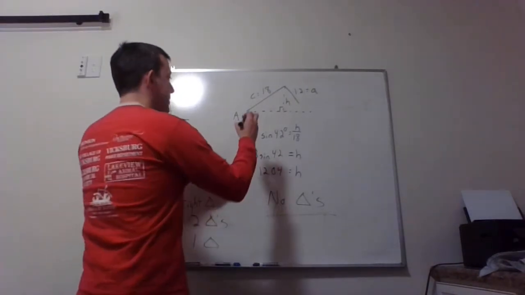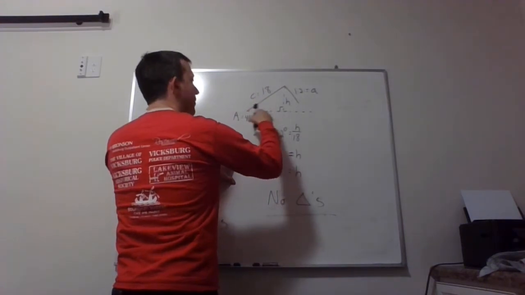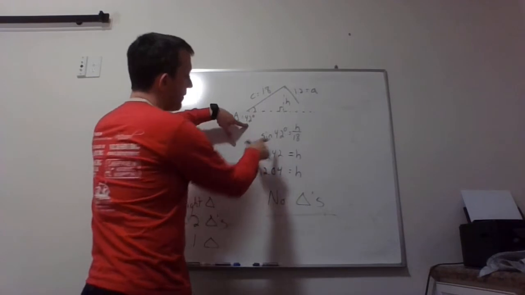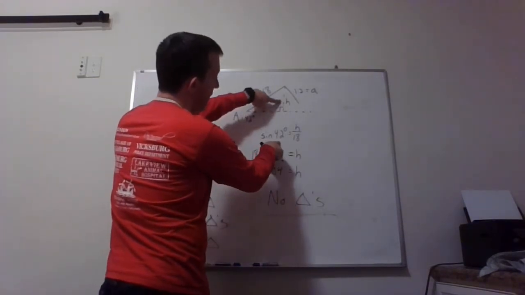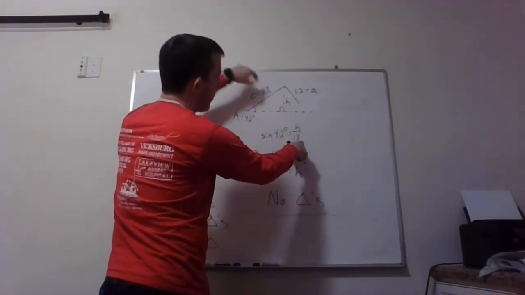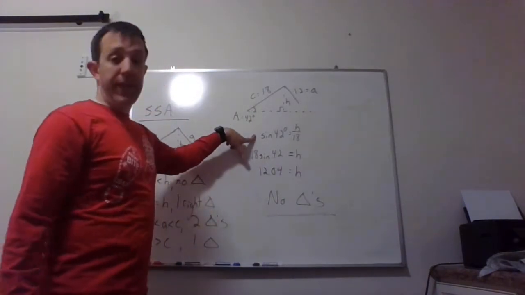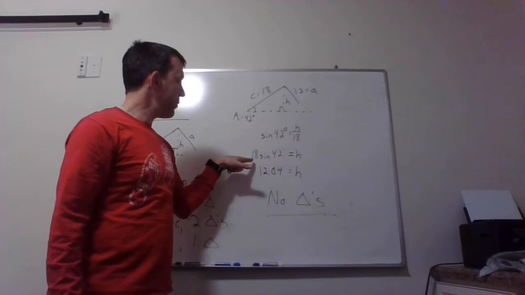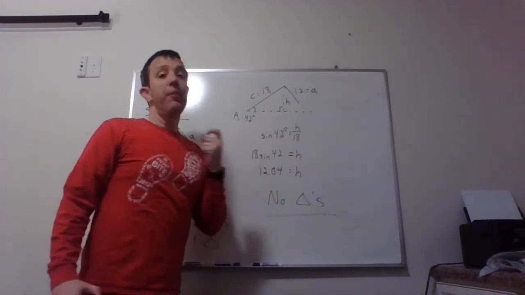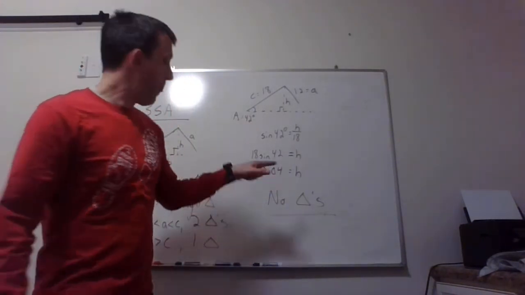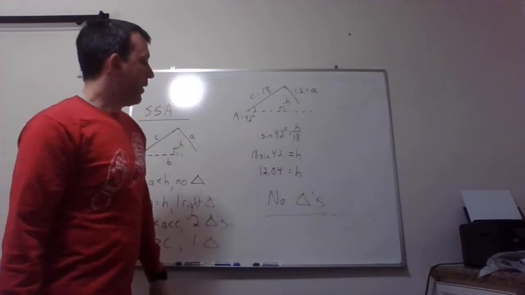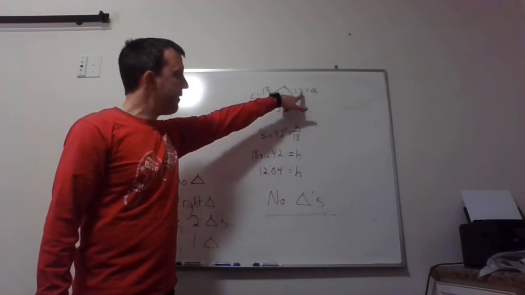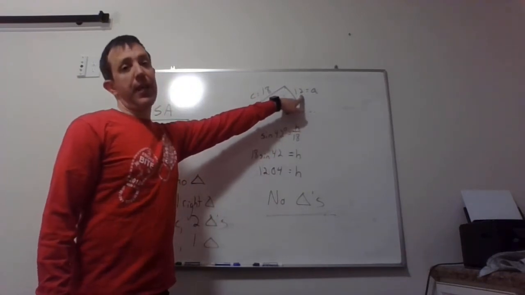The way I do that is to say, look, this is just a right triangle with A and then my right angle here. So the sine of 42 degrees has to equal that ratio, the opposite over the hypotenuse, h over 18. I can solve that by multiplying both sides by 18. 18 times the sine of 42, making sure that you are in degrees, gives you 12.04, which is a really beautiful number, but 12.04 is ever so slightly bigger than this dangling side.